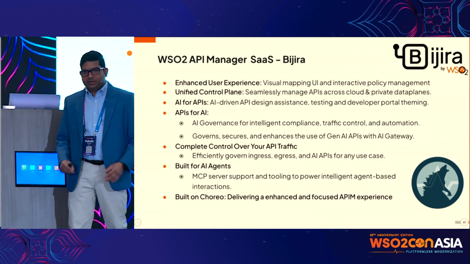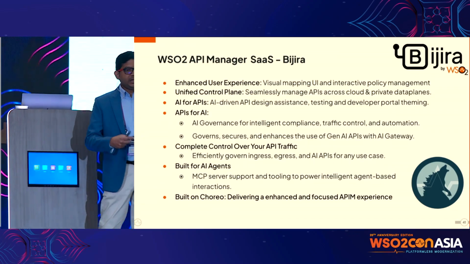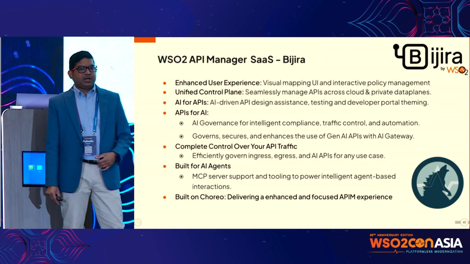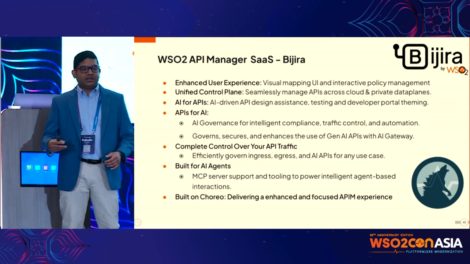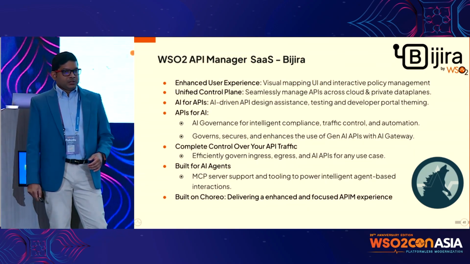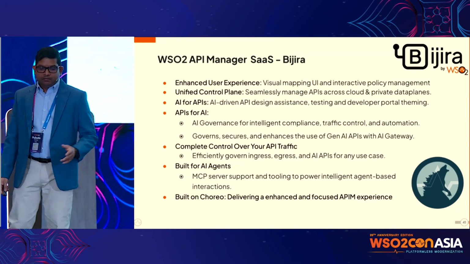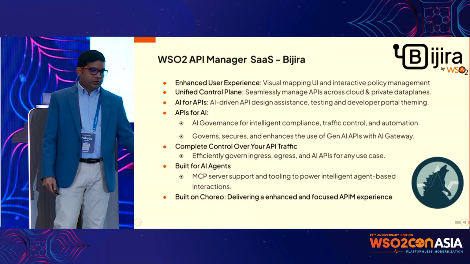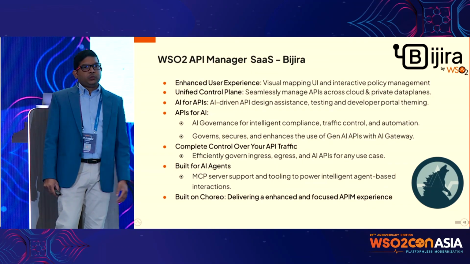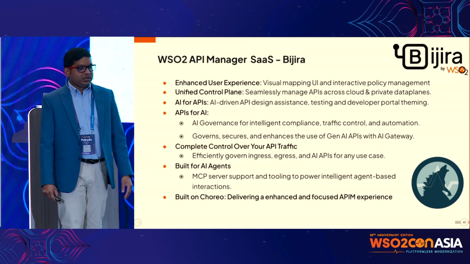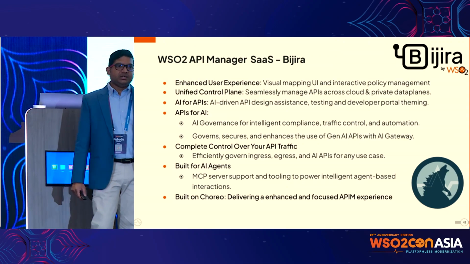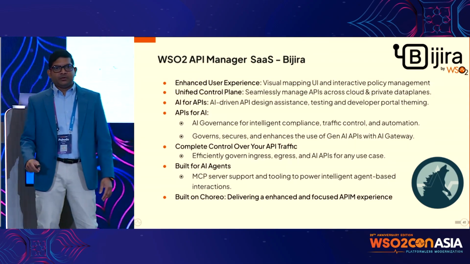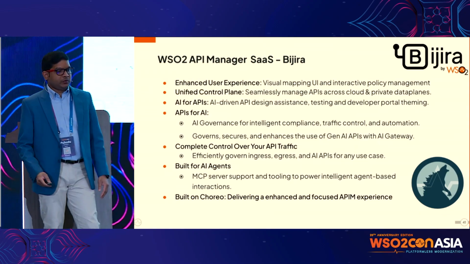With that you can extend your enterprise architecture where you can have more AI integrations as well. So Bijira is a platform built on top of Choreo. We wanted to give more focus towards the API management experience, and this is one of the platforms we built on top of Choreo for that.